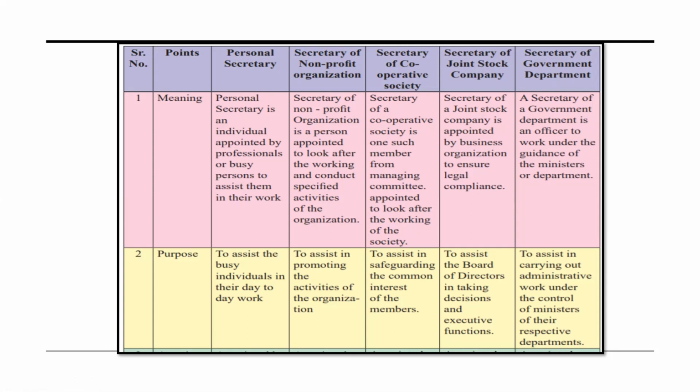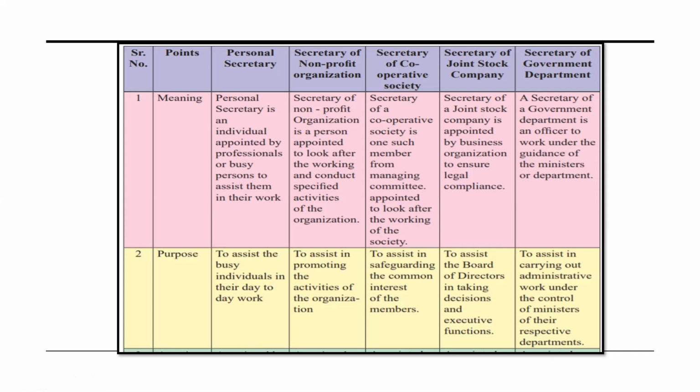Joint stock company. The secretary of a joint stock company is appointed by a business organization to ensure legal compliance. And secretary of a government department is an officer to work under the guidance of the ministers or the department.